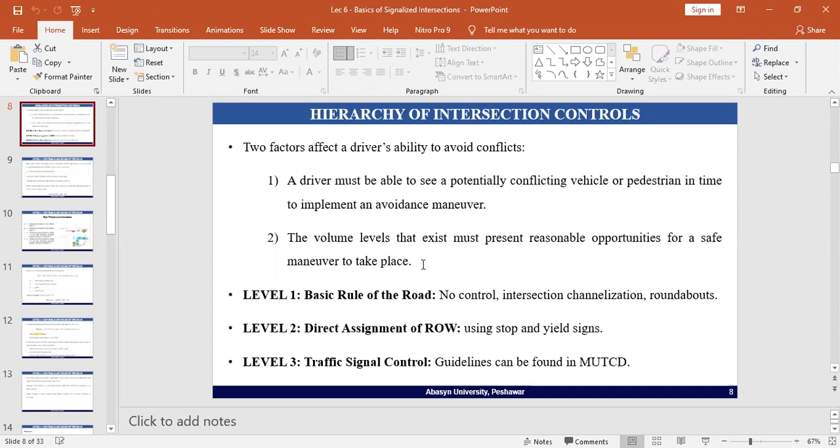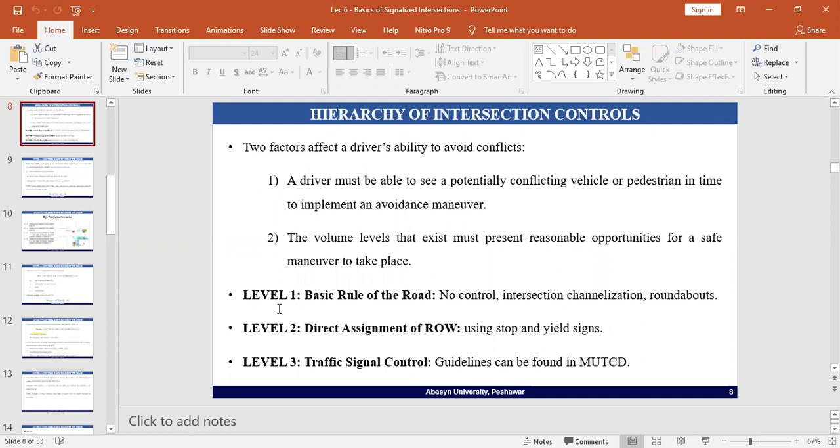For example, if you have a roundabout with a very high traffic volume, then the delay time will increase by a large amount because he won't get an empty space in order to enter into that roundabout and then turn towards his desired direction.